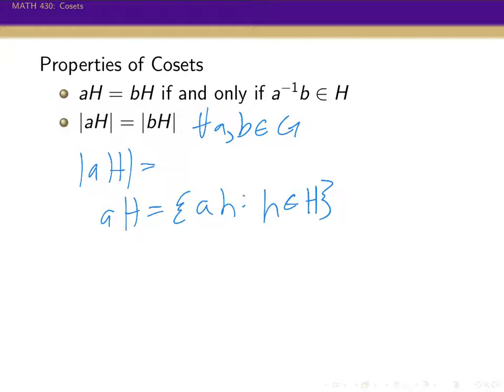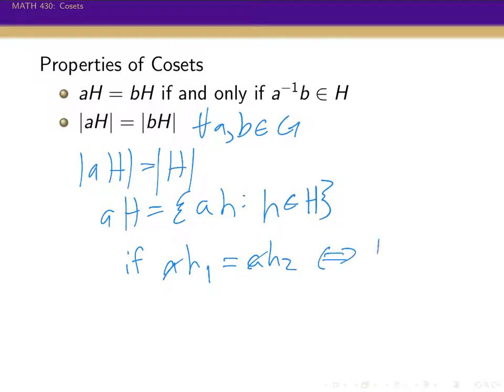Well, when you multiply A by anything in H, you're going to be getting something different as you range through all those things in H. And so how many things are inside AH? It's exactly how many things are in H. Right? And it's just because if Ah1 is equal to Ah2, well, you could cancel the A's off on both sides.